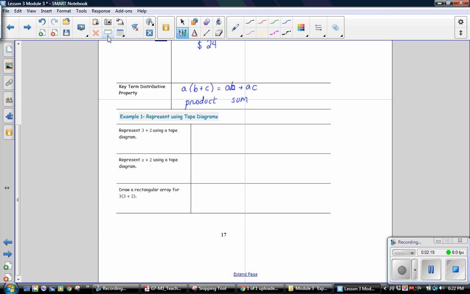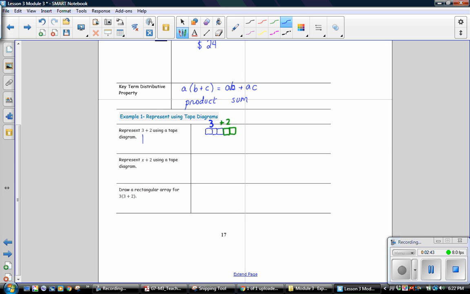Example 1. Represent using tape diagrams. Represent 3 plus 2 using a tape diagram. Representing the 3, we'll have 3 boxes, and representing the 2, we'll have 2 more boxes. So this is the sum of 3 plus 2.